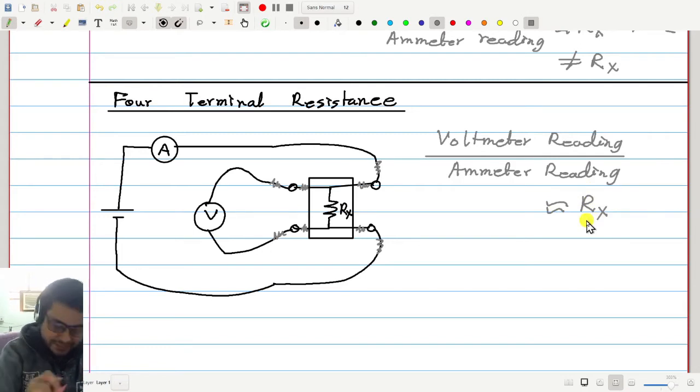To see that, let us assume current I is flowing. Actually, let us take I equal to 1 ampere. So the meter reading is 1 ampere. That means whatever the voltmeter reading is will be equal to the resistance according to our formula. Now this 1 ampere current is flowing like this, and that will cause some voltage drop here.